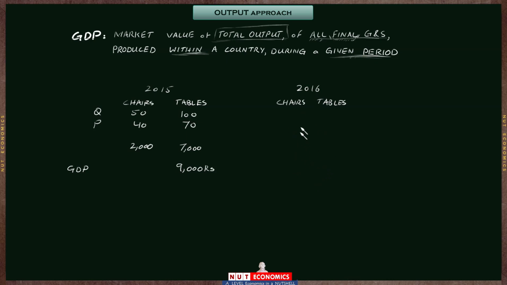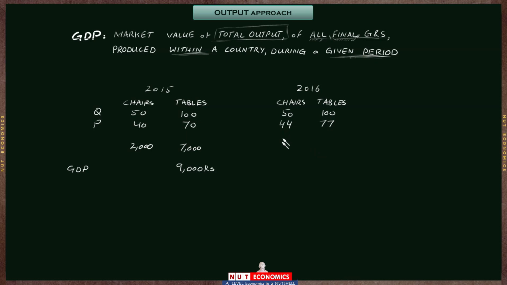So let's bring in some more numbers. Let's assume that this country continues to produce 50 chairs in 2016 as well, and the same number of tables. But let's assume the price increases by 10%. So chairs, instead of 40, their price increases to 44, and tables from 70, their price, let's assume, increases to 77, a 10% increase.